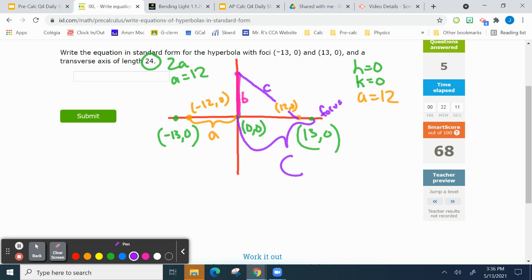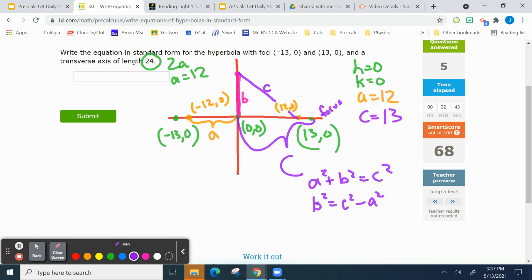That's C. So we know C goes from 0 to 13, so C has to have a length of 13, right? And we know A is 12. So we know from good old Pythagoras that A squared plus B squared equals C squared. And we know C, and we know A, and we don't know B, so we can say B squared equals C squared minus A squared. All I did was rearrange that equation.